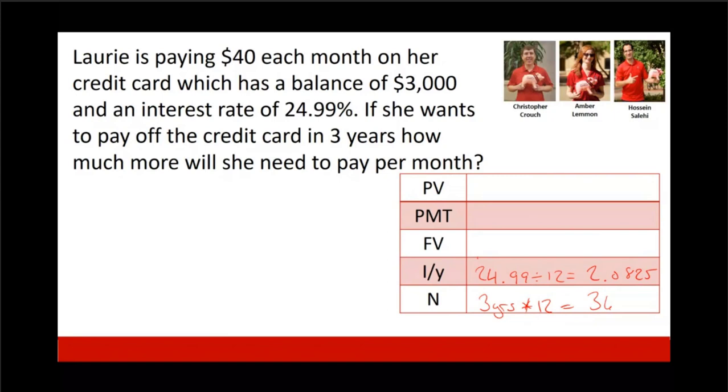Okay. Thank you. What is the future value? 0, right, because the goal is to pay it off. Okay, what's the payment? 40, and that's negative, right? And our present value is 3,000.